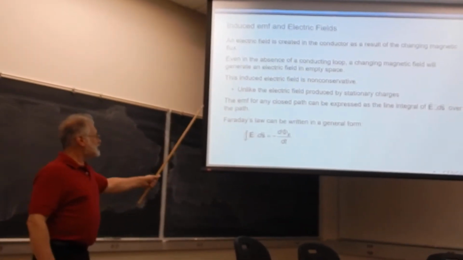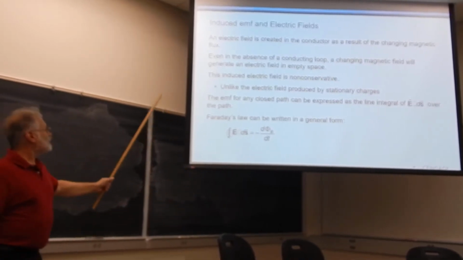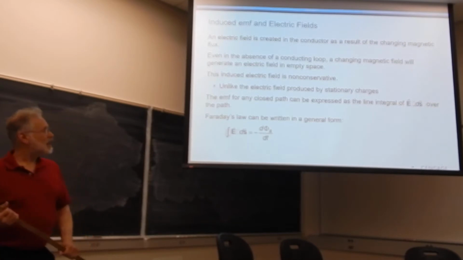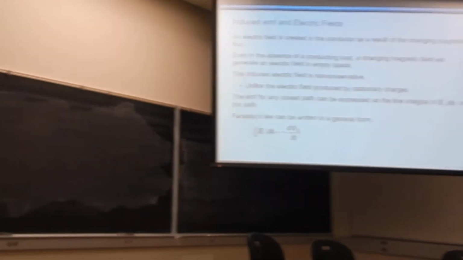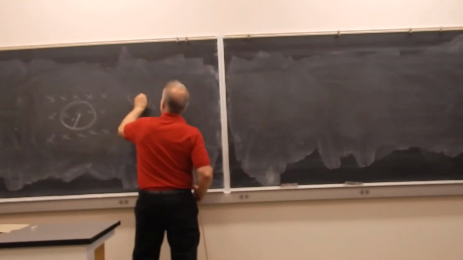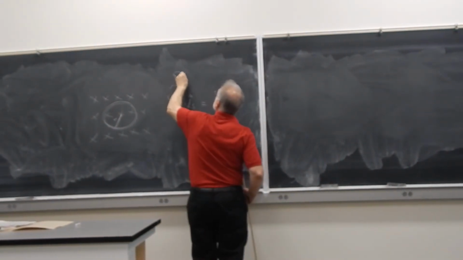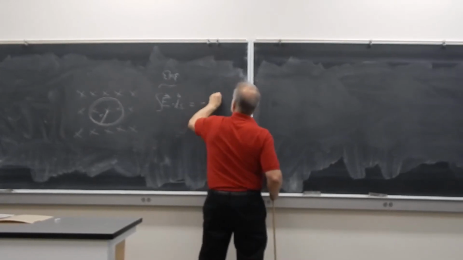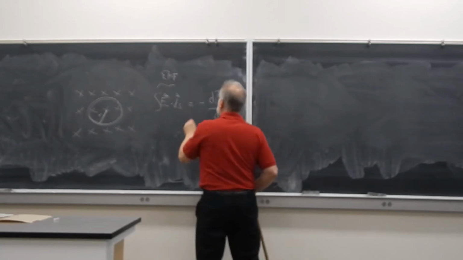We can express this EMF as the line integral of E dot ds over the path, and therefore we can rewrite Faraday's law in a more suggestive way as such. The integral of E dot ds, that's going to be the EMF that's produced, is equal to minus the change in magnetic flux with respect to time.